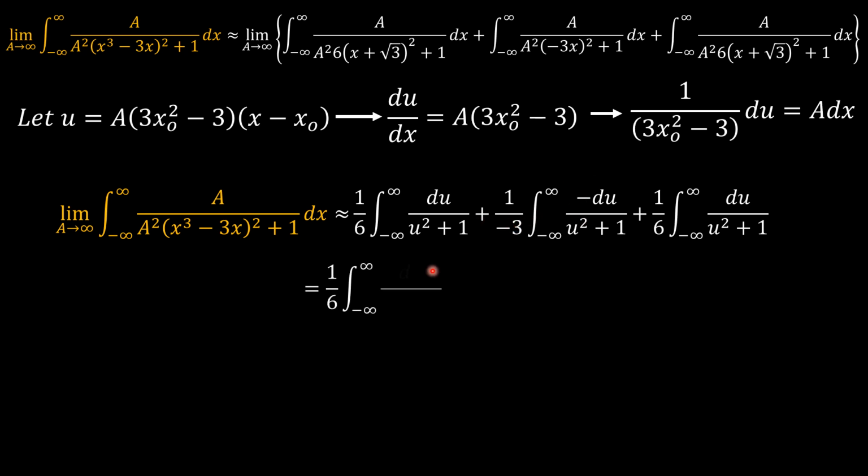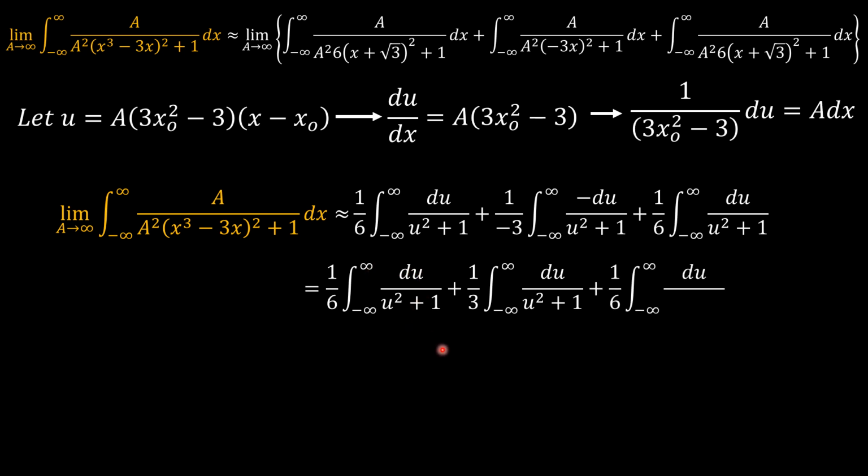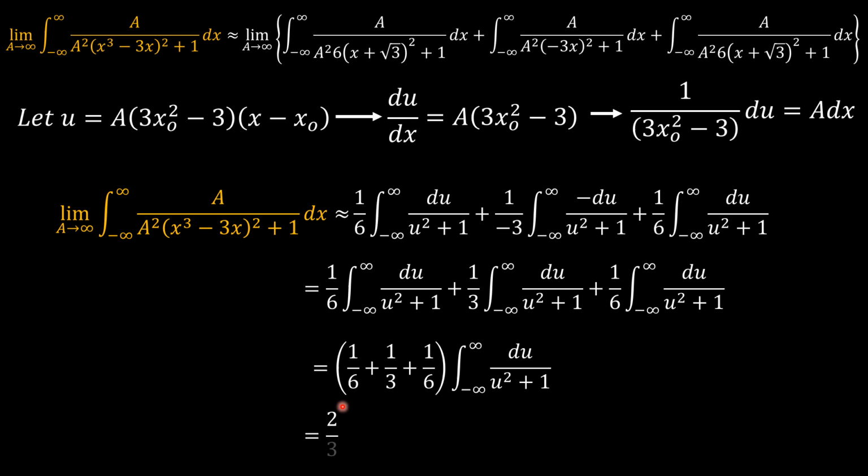These negatives cancel, so we have 1 over 6 times the integral from x tending to negative infinity to x tending to positive infinity of 1 over u squared plus 1. Just factoring this out, we get the same integral for all these constants, and we add a 6th and a 3rd and a 6th. This becomes 2/3 of this integral that is famous.